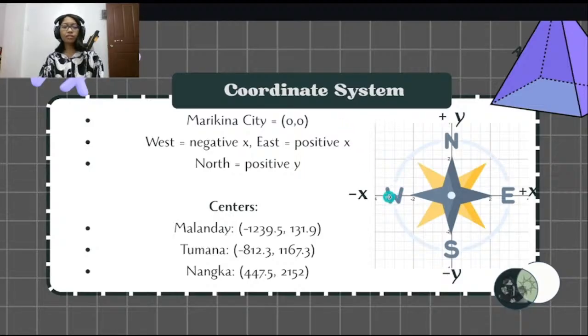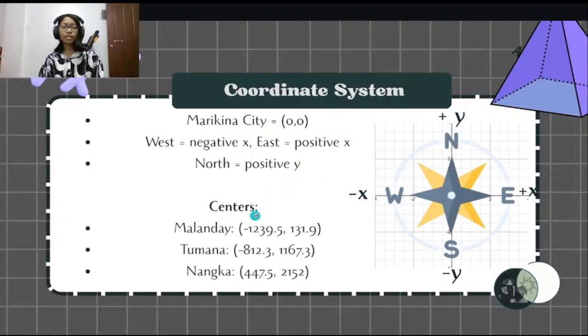West is negative x, east is positive x, and north is positive y. Using the given distances, we convert the barangay locations into coordinates. Malanday, the center is 1,239.5 meters west, negative x.